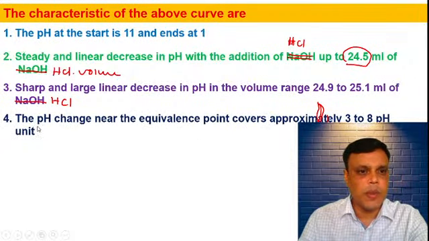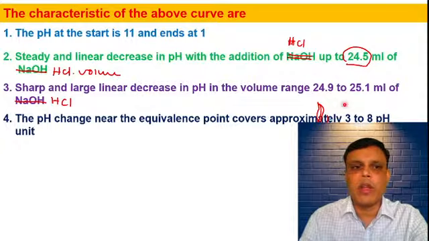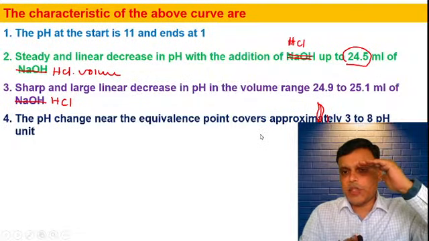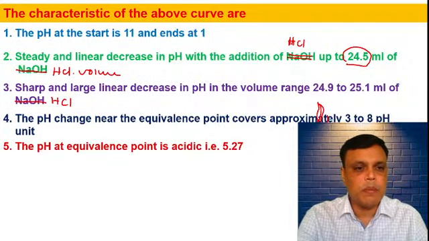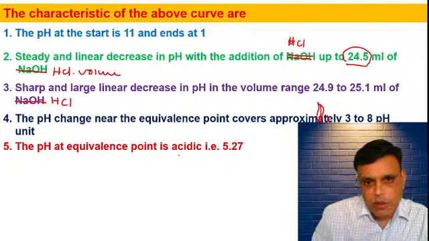Then the pH change near the equivalence point covers approximately 3 to 8 pH units. Then next, the pH at the equivalence point is acidic.